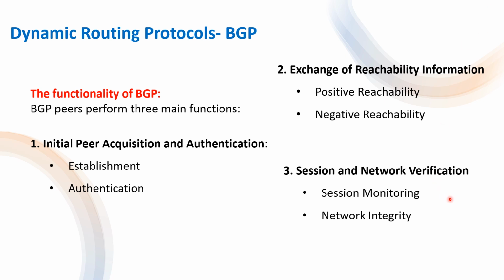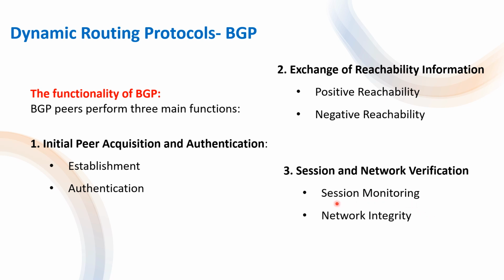And the next one, session monitoring. BGP continuously checks that the TCP session with its peers is active and stable. This includes sending keepalive messages to confirm that the peer is still reachable.